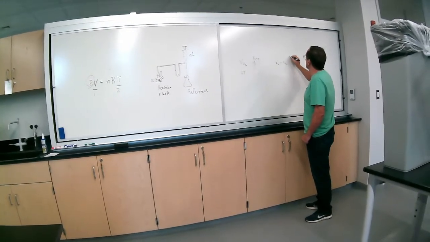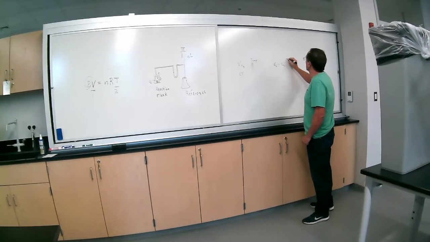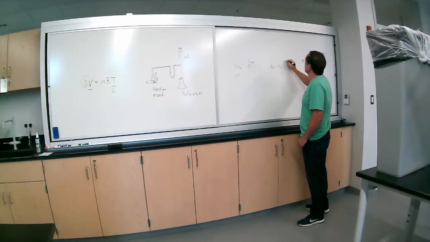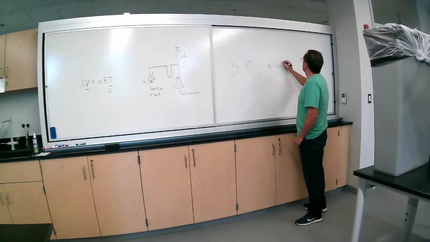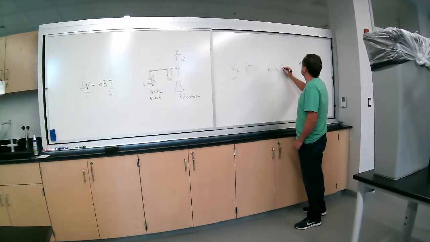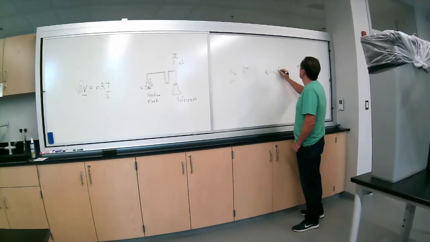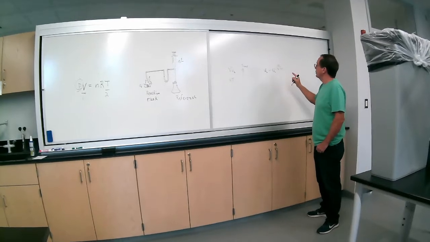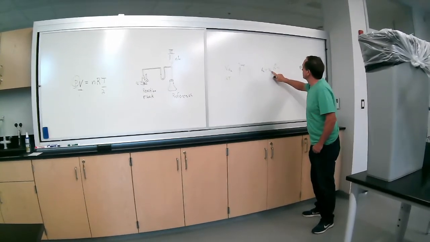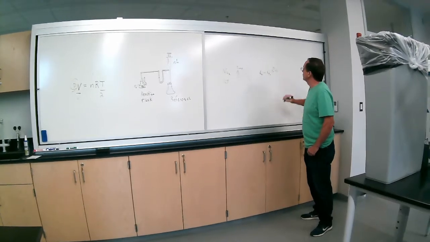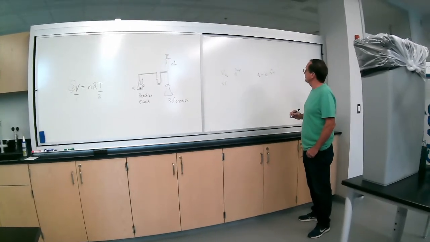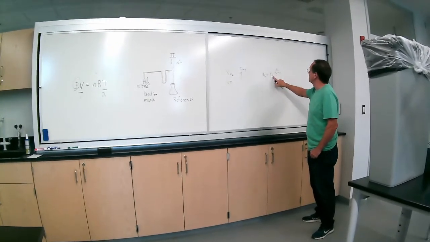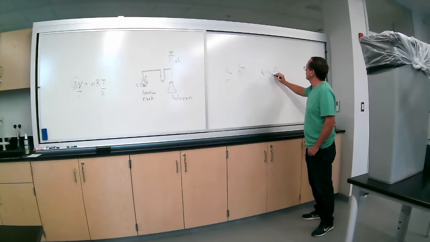We divide that by VO2 at room temp, and this equation becomes, let's see if I can remember this, 10 divided by temperature 2 minus temperature 1. That's an exponent. This is time 2 and time 1. But there it is.